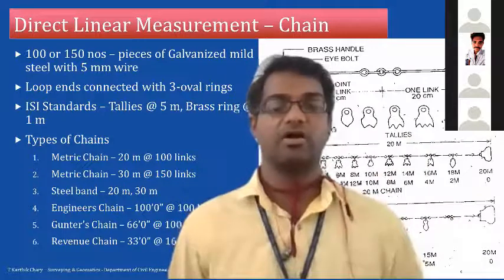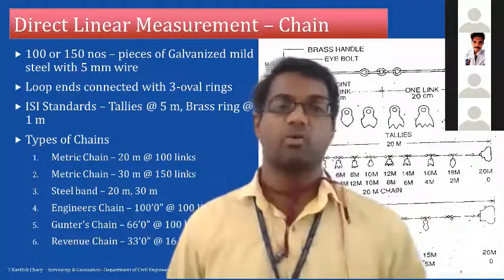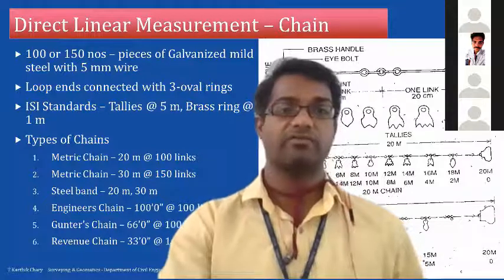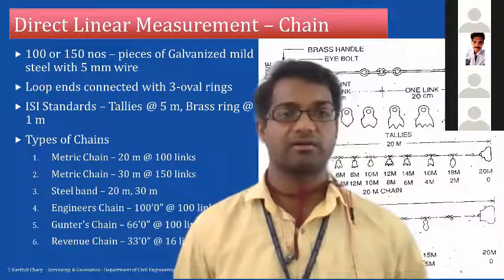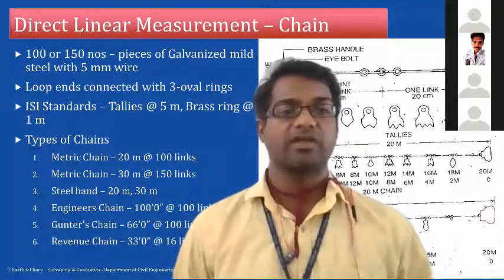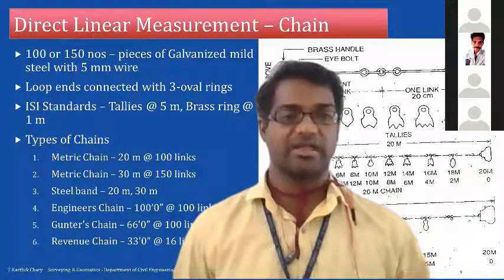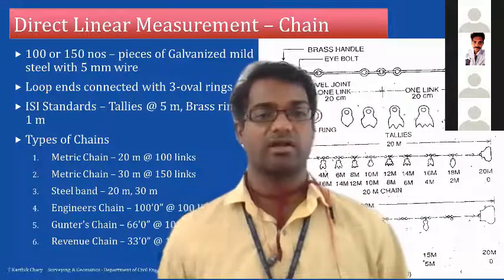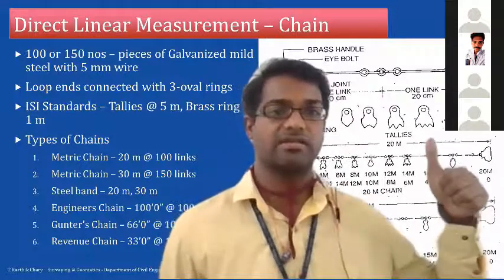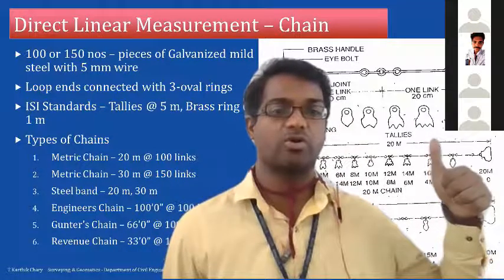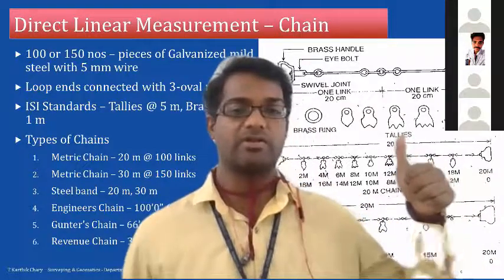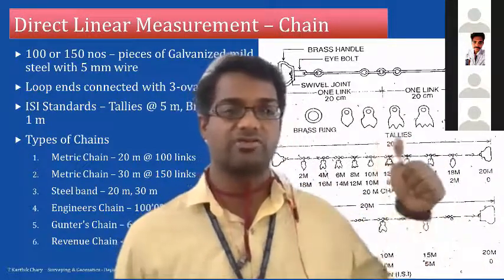The distance between both is called one link. Normally a chain has 100 to 150 links. As per ISI standards, you also have tallies, like I have shown here. These are available at regular intervals, and you also have this brass ring which I have shown here.